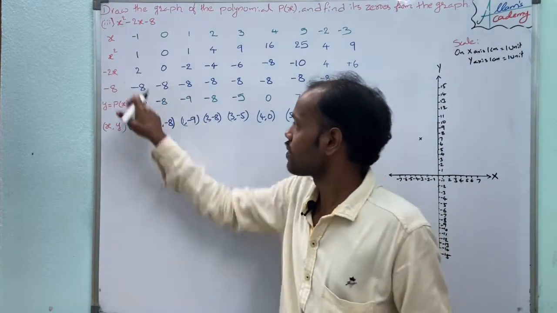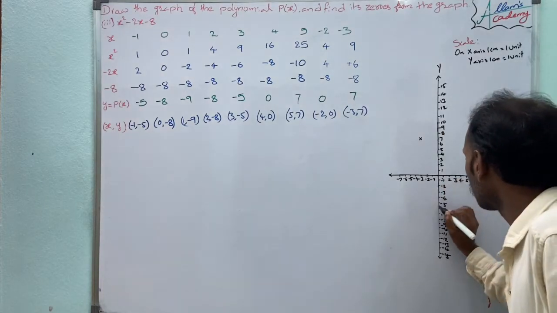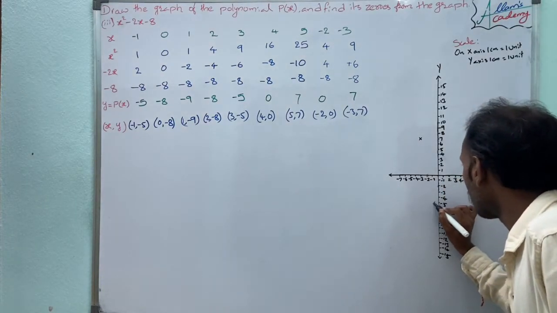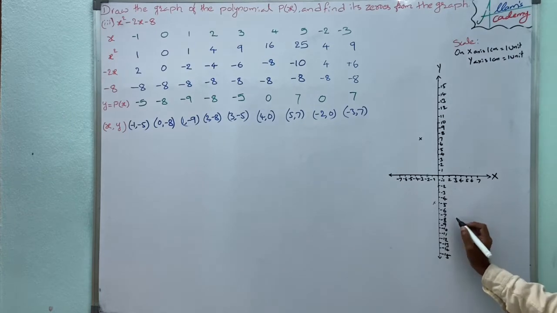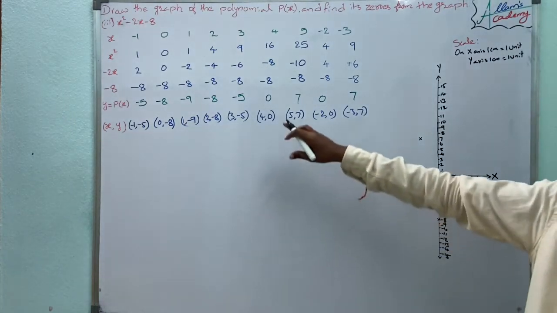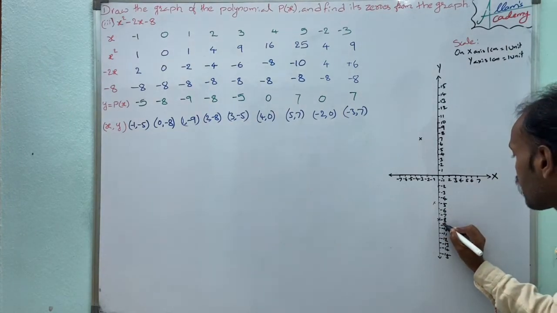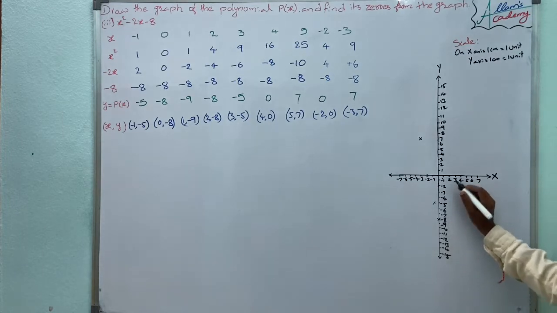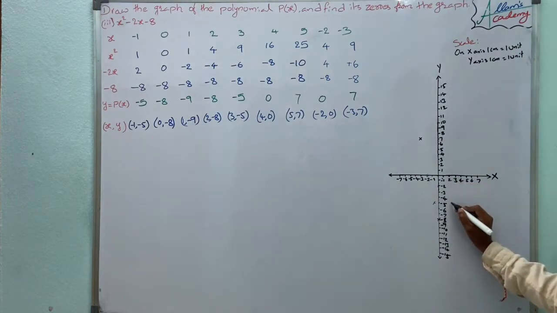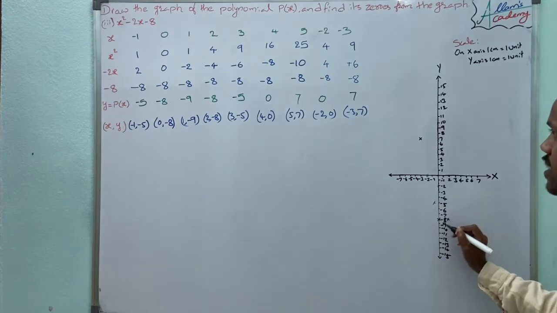Next, minus 1 to minus 5, here is the point. Next, 0 to minus 8. Next, 1 to minus 9, here is the point. Next, 2 to minus 8.